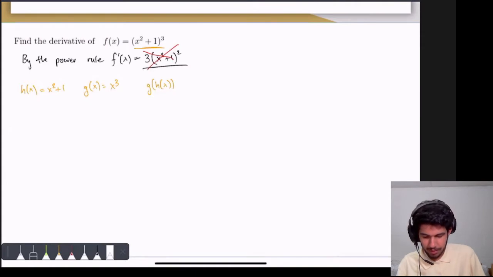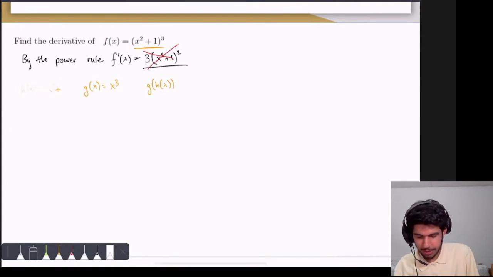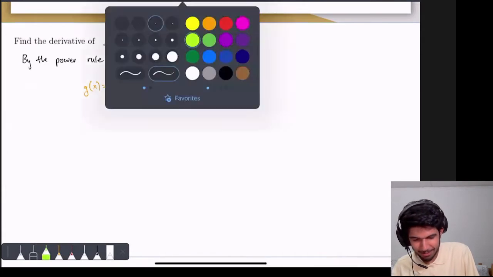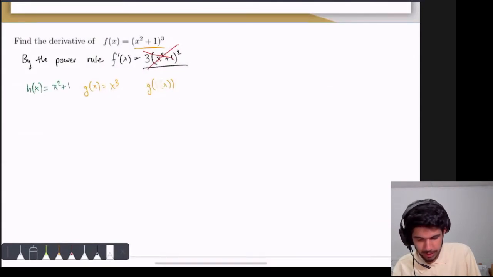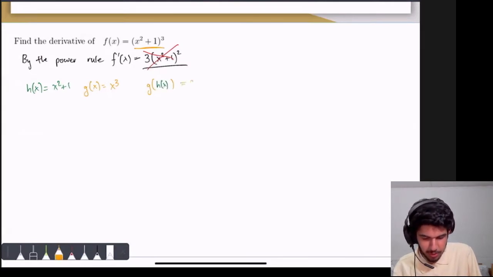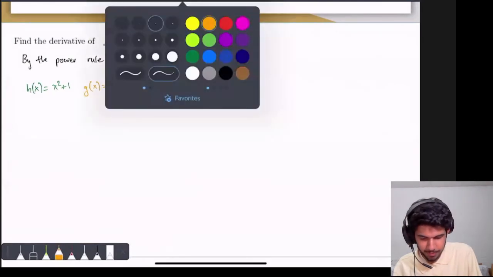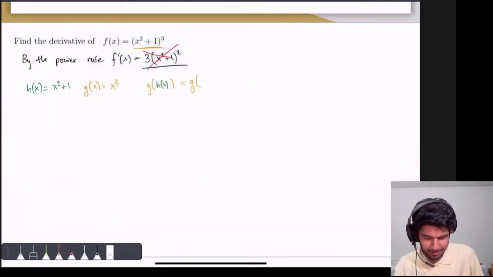So this would be equal to, I'm just going to rewrite this in a different color. H of x equals x squared plus 1. And then if we change this to the green color, h of x, this is equivalent to g of x squared plus 1.